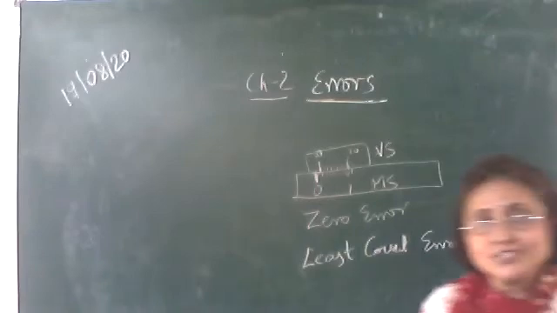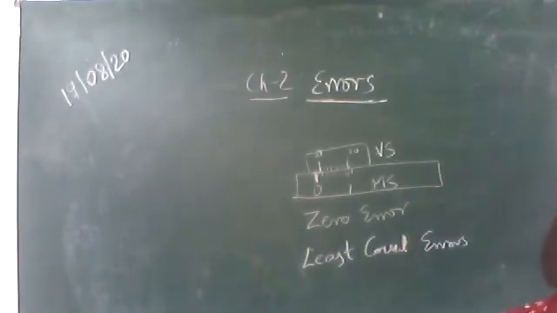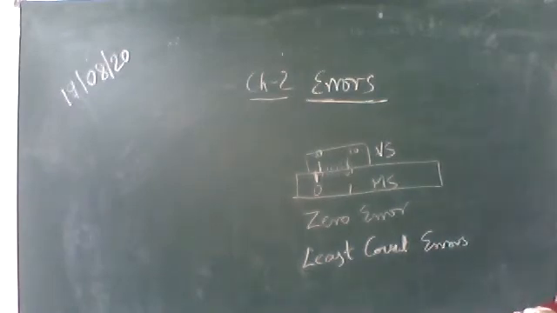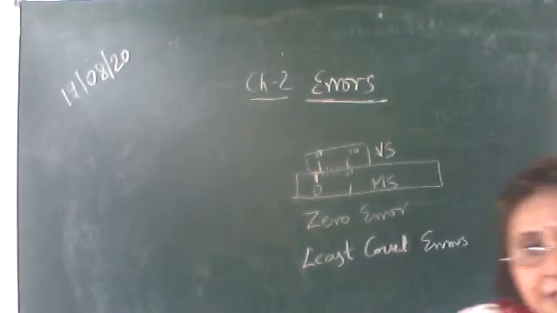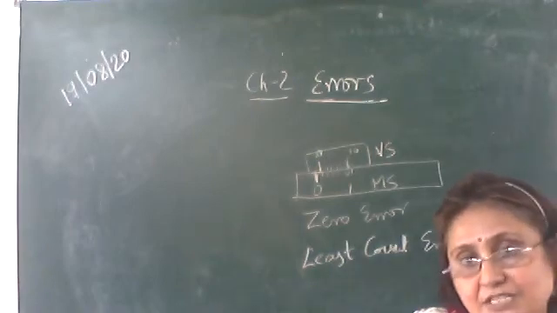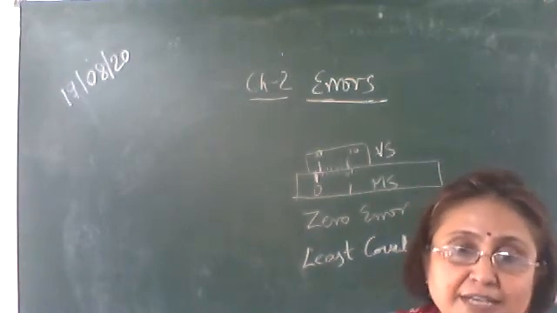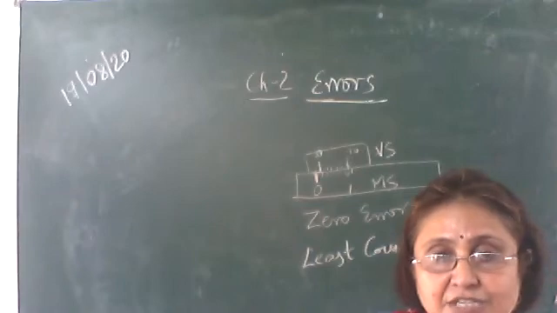So here we have studied systematic errors, then random errors, and then the least count errors. Systematic errors, which can either be positive or negative, as their cause is known, can be minimized. Some sources of systematic errors we have studied: the first one, instrumental error; the second, imperfection in the experimental technique; the third, personal error; and the fourth, errors due to the external change in the physical conditions.